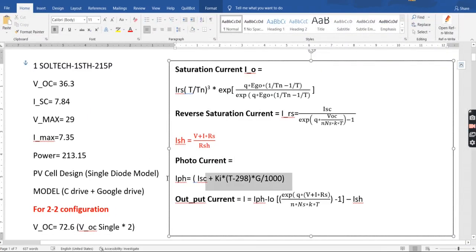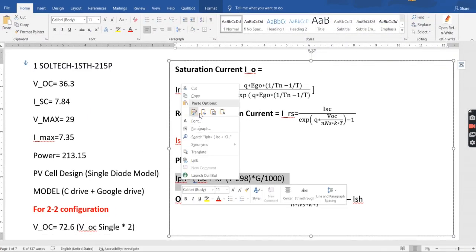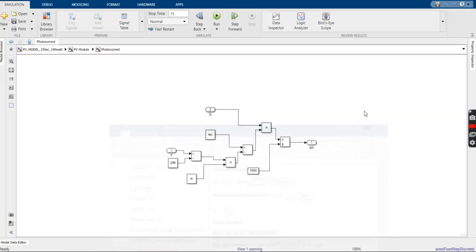The equation was like this: IPH should be equal to this value. So this was the equation. Let me increase the size of it; the size has been increased to 36. So we have this equation: ISC plus KI into T minus 298, into G divided by 1000.